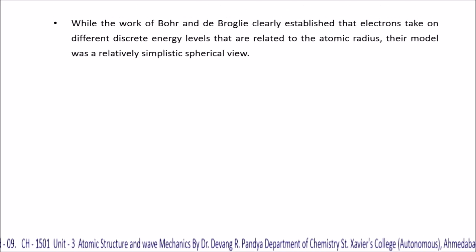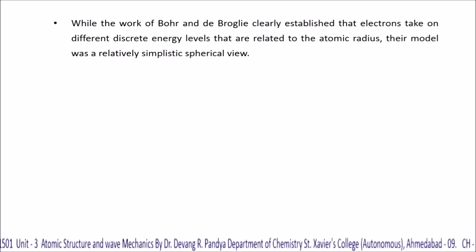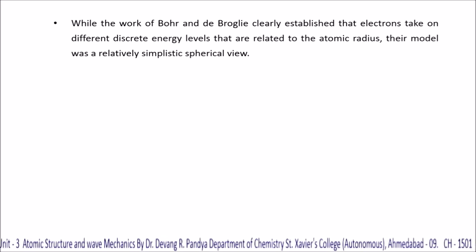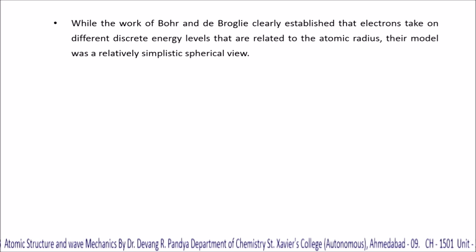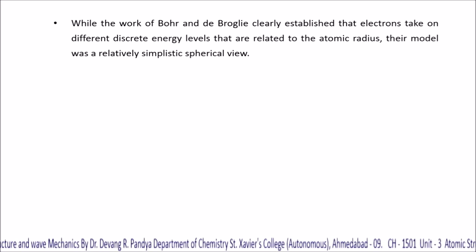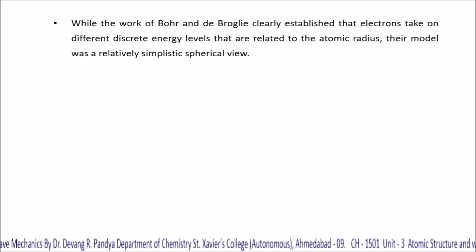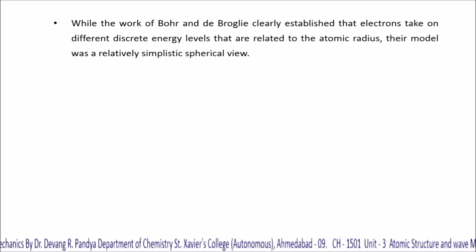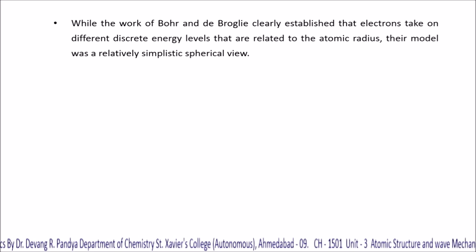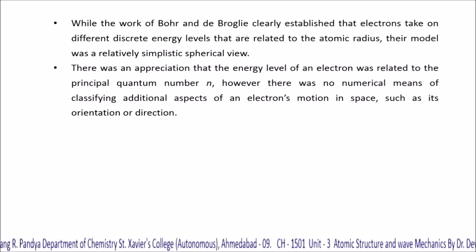While the work of Bohr and de Broglie clearly established that electrons take on different discrete energy levels that are related to the atomic radius, their model was a relatively simplistic spherical view. To represent that spherical view, we represent the atom.